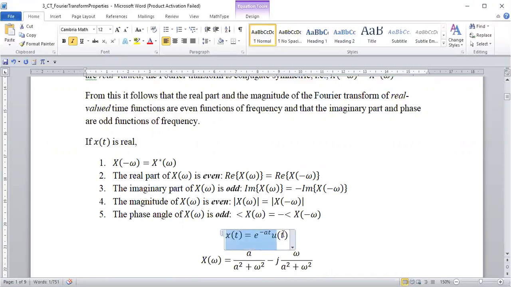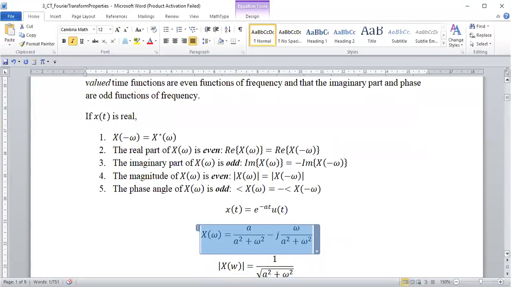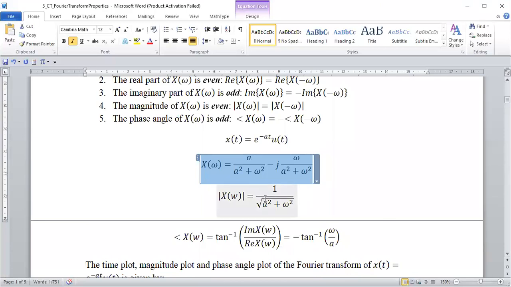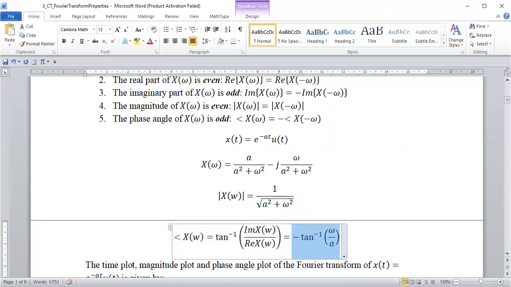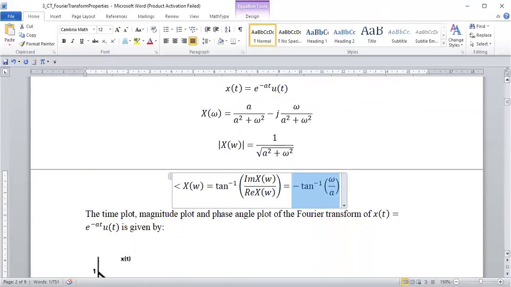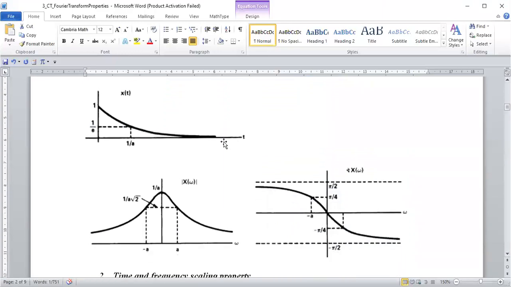This example, we did in the last class. We arrived at this Fourier transform. We arrived at the magnitude as this, then this was the phase angle we arrived at. When we plotted it, this is the time function, this is the magnitude plot, and this is the phase plot.